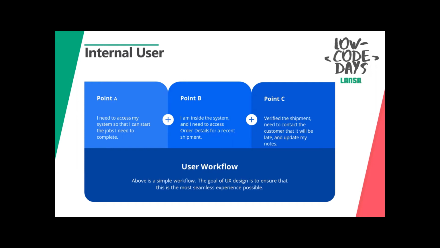Either we can have the recent shipments right there, just so they can see them at a glance, or they have to go into an order details view so that then they'll have all the information there. And so you want to be able to start juggling those different ideas and how you could make them work, and which one is going to be more seamless, more simple for the end user to actually do.